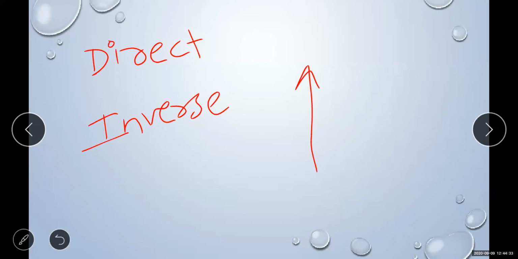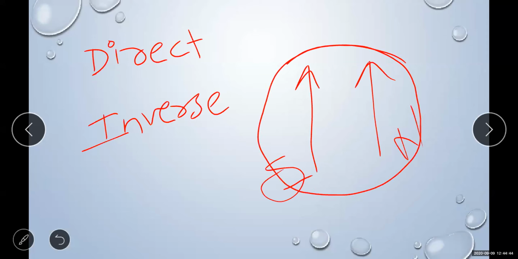Both numbers are going up. If both things are increasing, then it is called direct proportion.